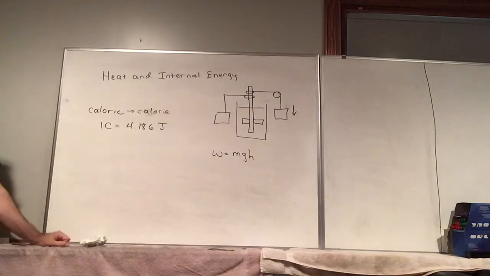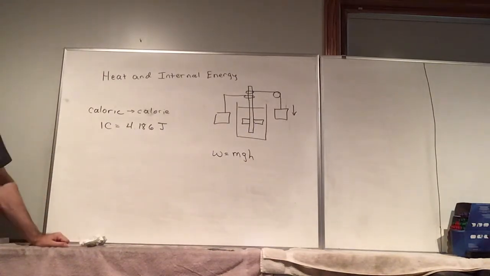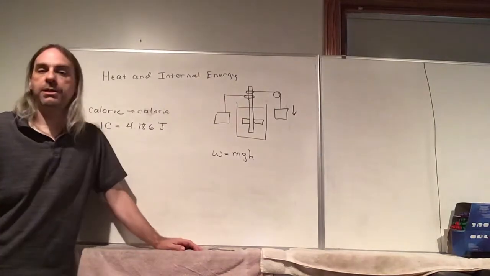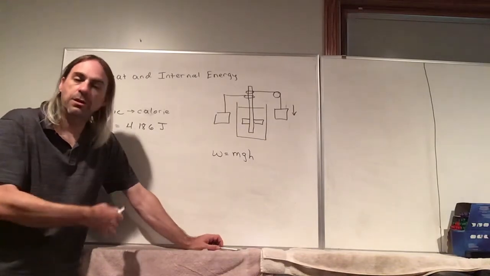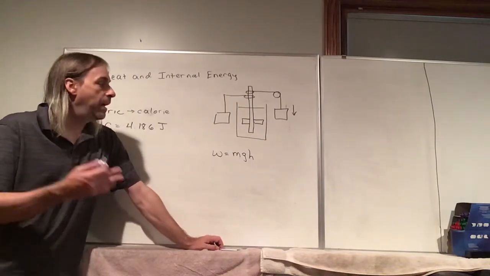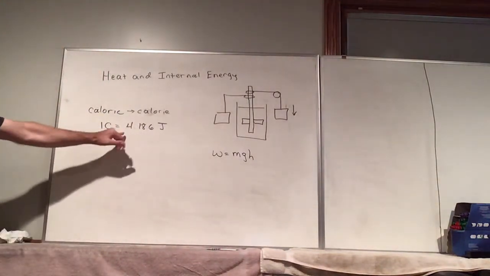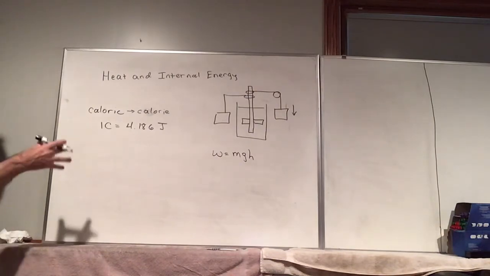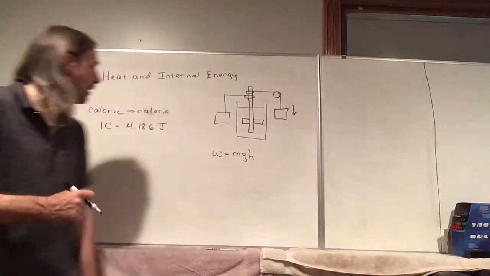And this might look a little strange if 1 calorie is 4.186 joules. The only time we really use calories is in describing food. If you eat food, it contains a certain amount of calories. Because this is such a small number, and food actually contains a lot of energy, when you see calories in food, they're actually kilocalories.